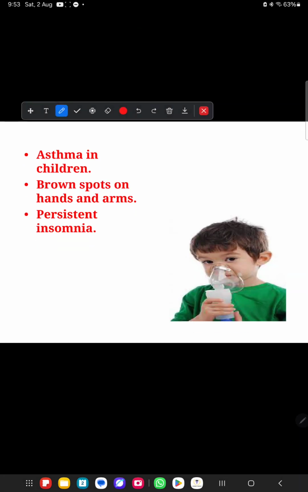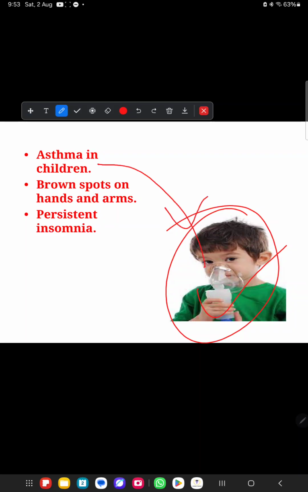Asthma in children. Suppose the patient is coming to you suffering from asthma, you can see in the picture, then we can think about this medicine and correlate these symptoms with Natrum sulph. If the patient is having psychotic pneumonia, asthma is there. If the patient is coughing, but puts both hands over the chest while expectorating, then we can think about Natrum sulph. And we can think of it if there is humid asthma.